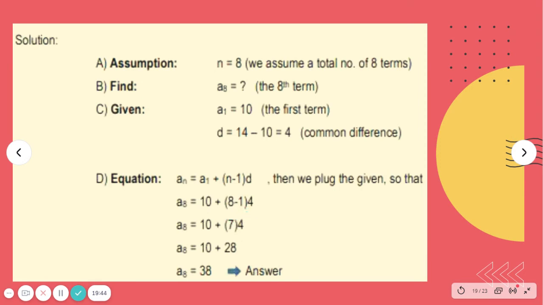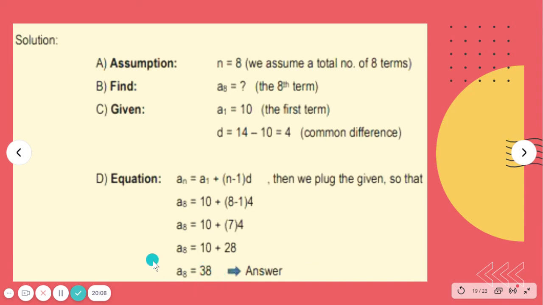Remember, during your grade 7 days, that yung mga quantities or mga given na nasa loob ng parenthesis, sila muna yung una nating isi-simplify. That is the rule of PEMDAS. So 8 minus 1, 7, and then 7 times 4, 28, then 28 plus 10, 38. Meaning to say, this 38 is the eighth term.